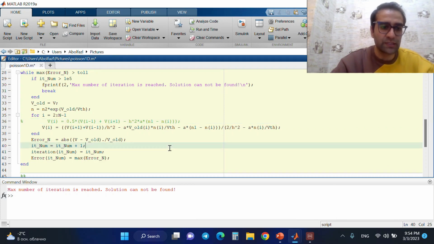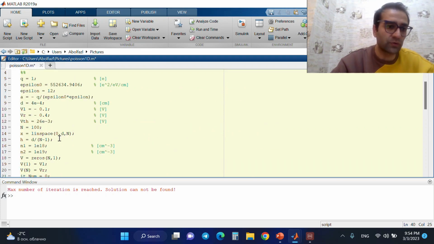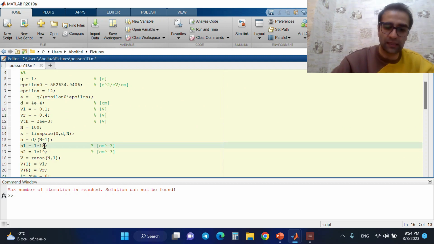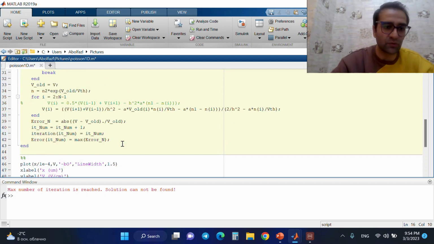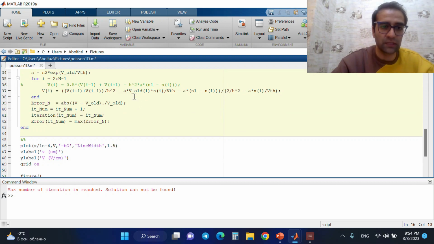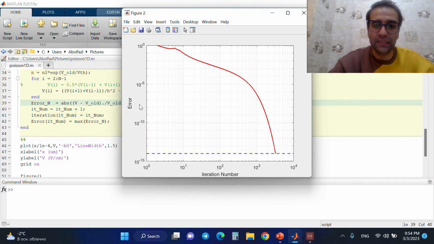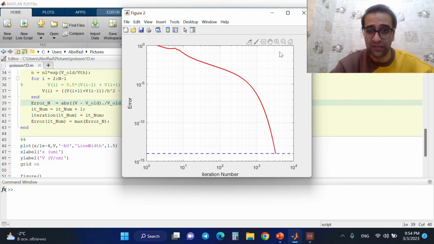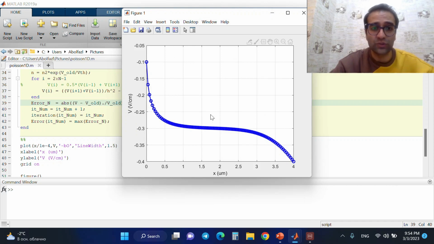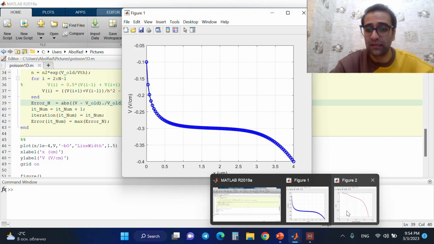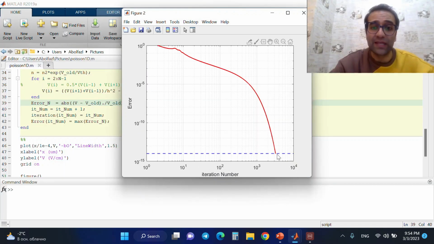Let's see, does it work for lower doping density, or lower N1, when it is 1e14? Just for comparison, now we calculate the second equation, or in other words, we are calculating the linear form of the Poisson equation. You see that we have convergence and the solution is the same. Surprisingly, when we linearize the Poisson equation, the maximum iteration is about 3191.